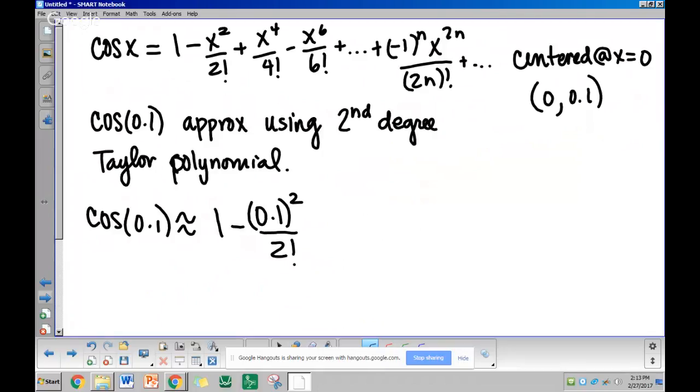And so this is going to be 1 minus 1 over 200, which turns out to be 199 over 200. Someone get on the calculator for me? What is it? 0.995.